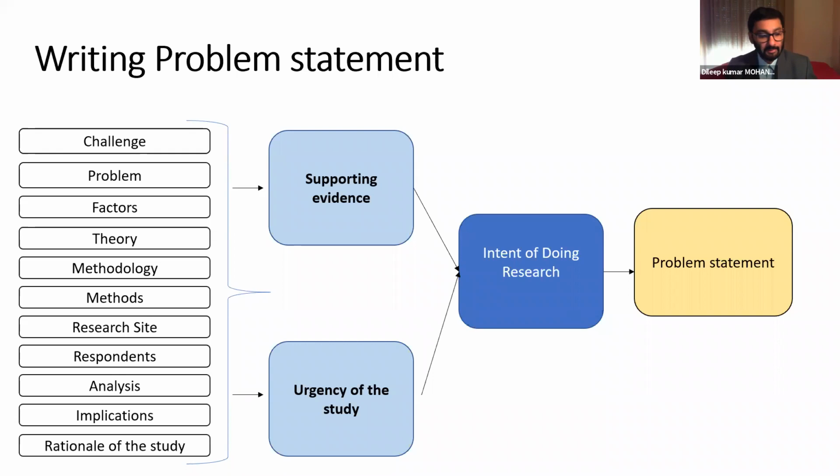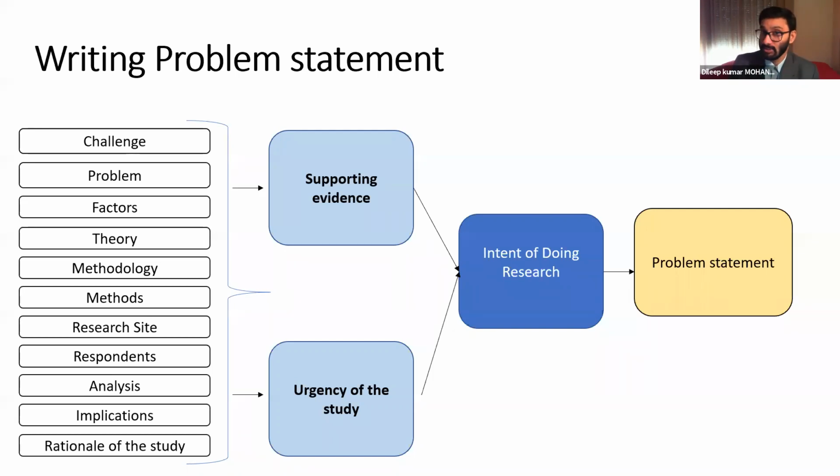Followed by that, you need to write, okay, if this is the method, this is my research site, you're ready to sample, and these are your respondents. These are the respondents with which I can tell you the truth connected with a problem. And I'm going to make this analysis. In order to address this research question, in order to address this problem, I'm going to do this analysis.